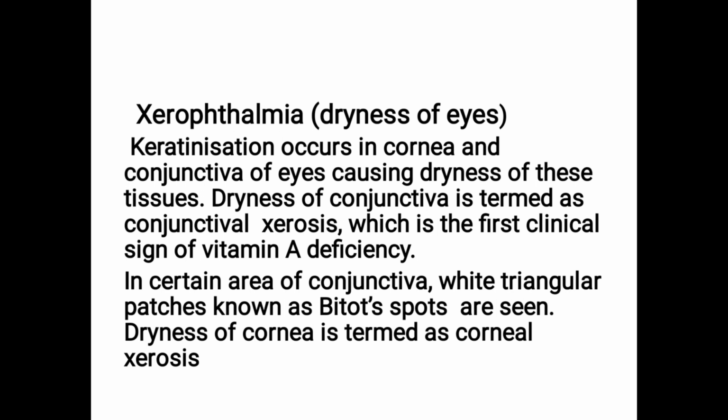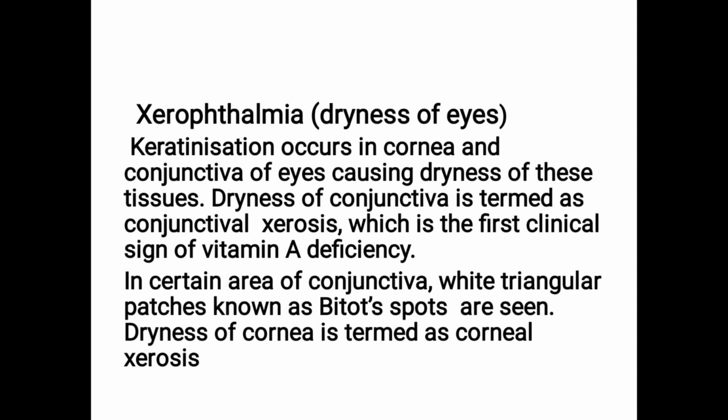So keratinization occurs in the cornea and conjunctiva of the eyes, causing dryness because of the increased thickness of these tissues. So there is dryness in the conjunctiva of the eye.